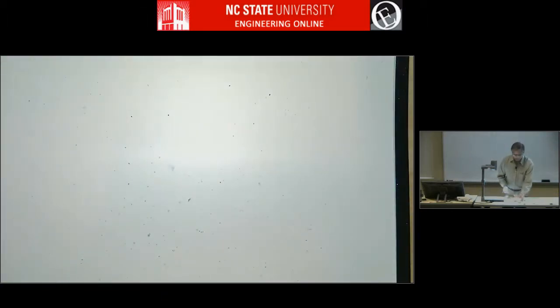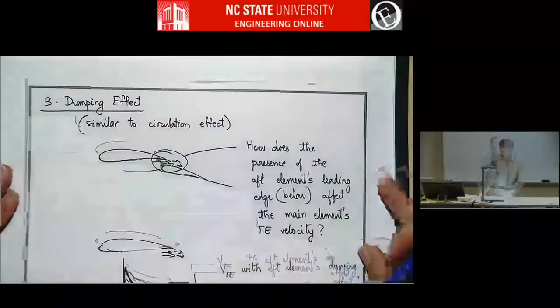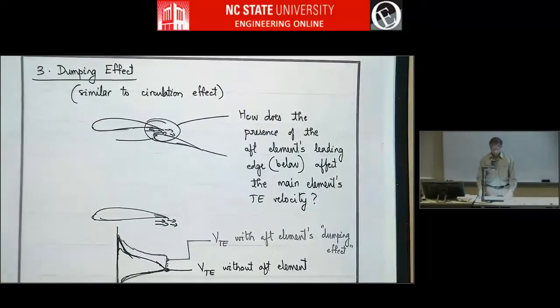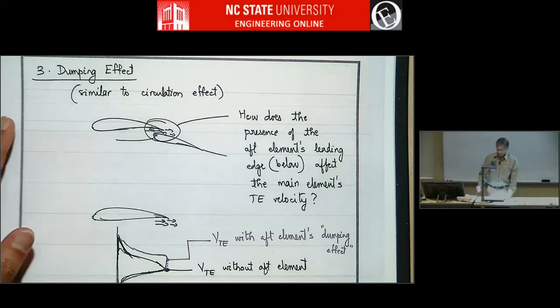So the third effect is called the dumping effect, and this has got similarities to the circulation effect. It tries to address the same thing. Why does an aft element help? And so this is another effect of having the aft element.